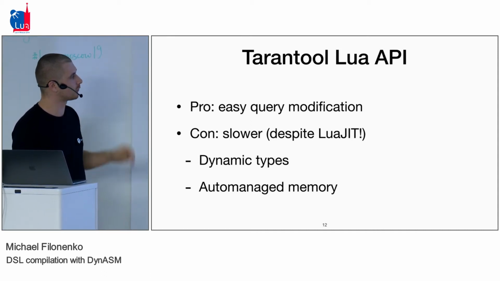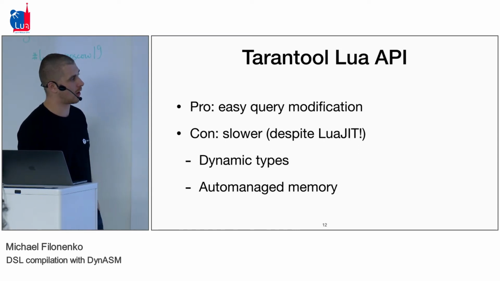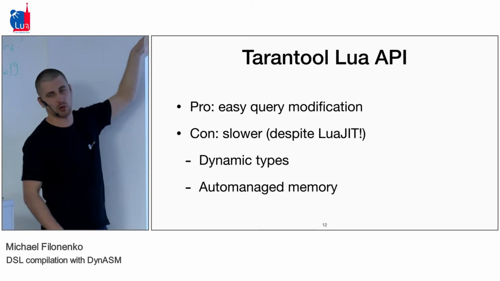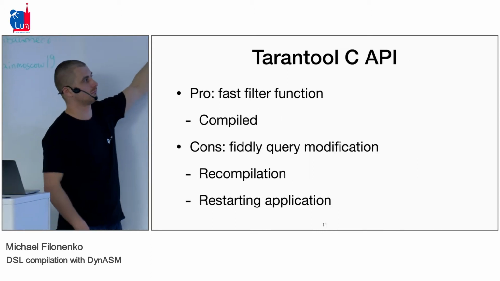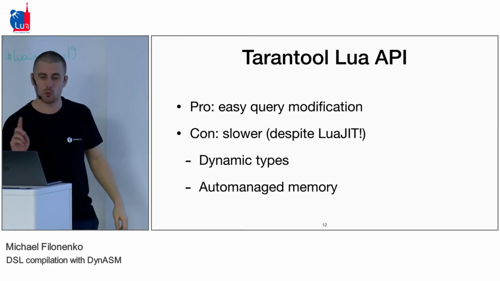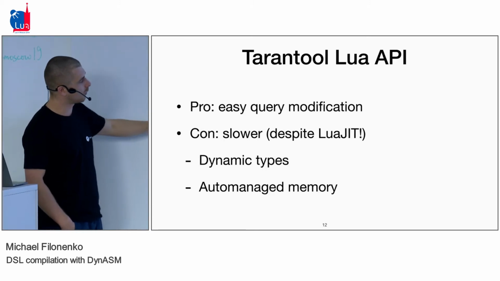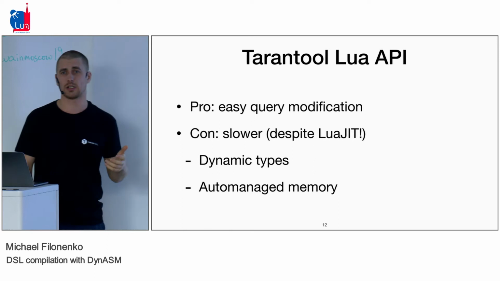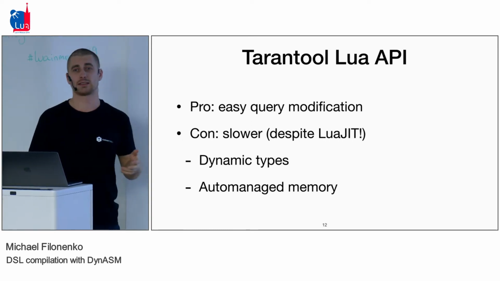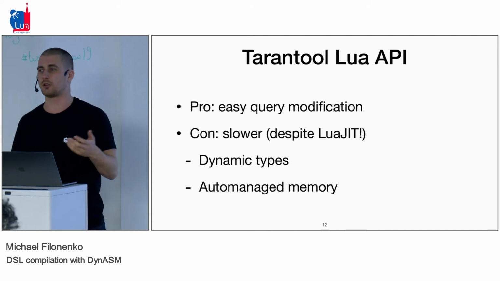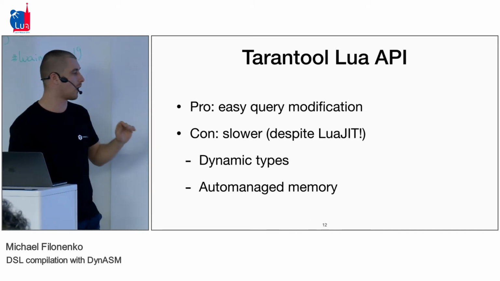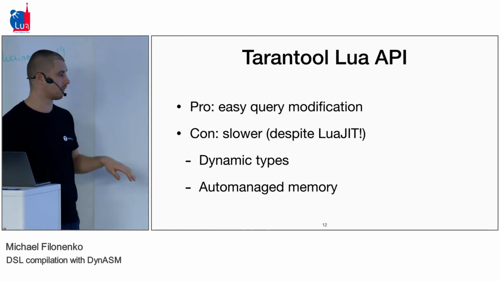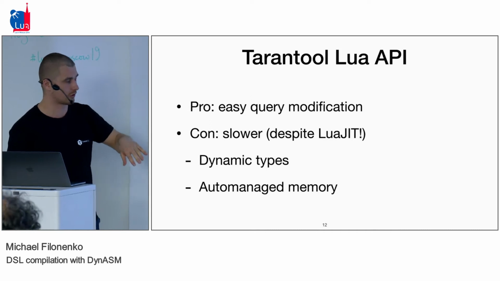I want to find a solution to provide a query builder with the pros from Lua and the pros from C. And why can I go from dynamic types to static types? Because usually the database scheme already contains information about types. And why can I go away from the automatic memory manager?